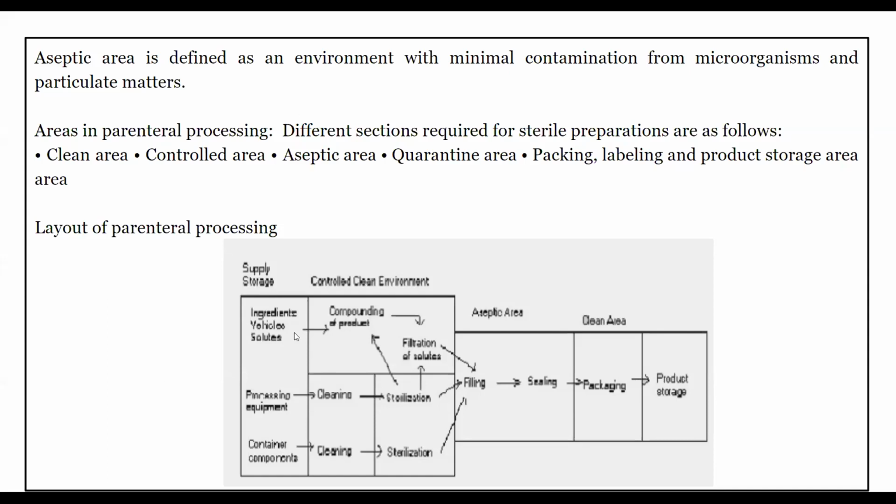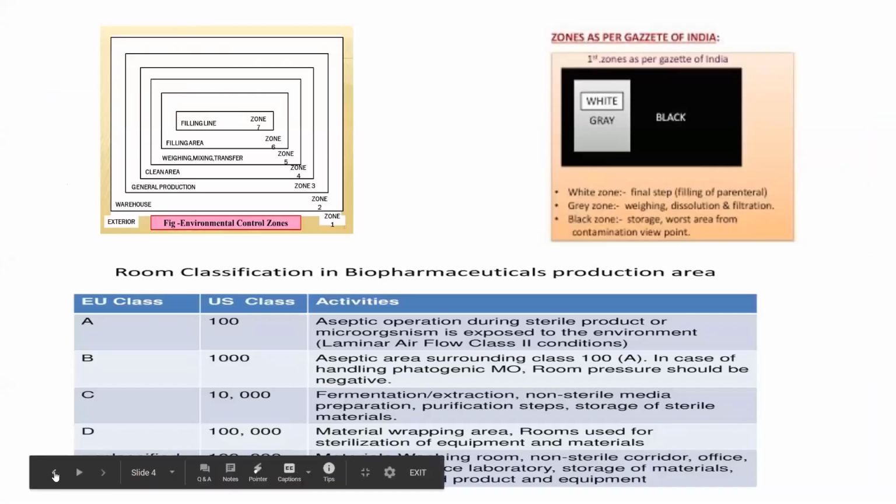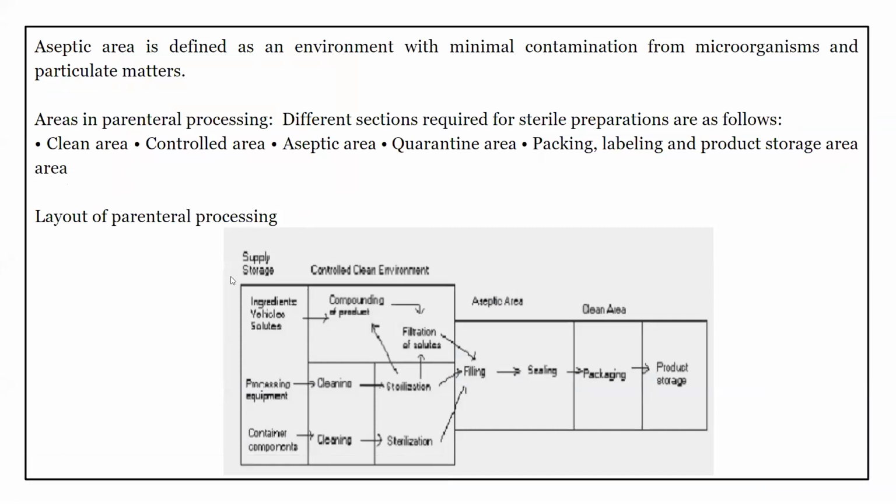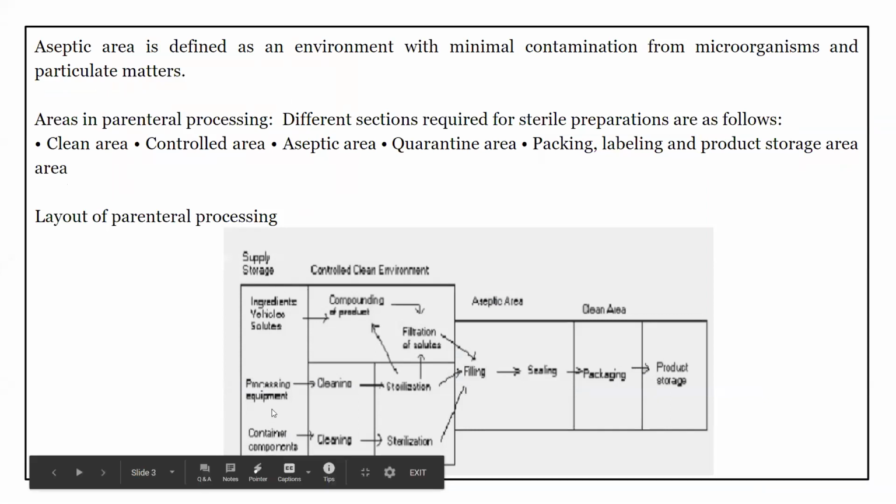So if you see aseptic area, then first is the supply and storage area. This is where all the equipments and raw material come and are stored, and the preliminary processing is done here.